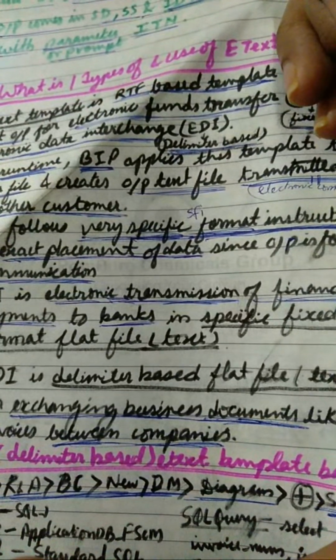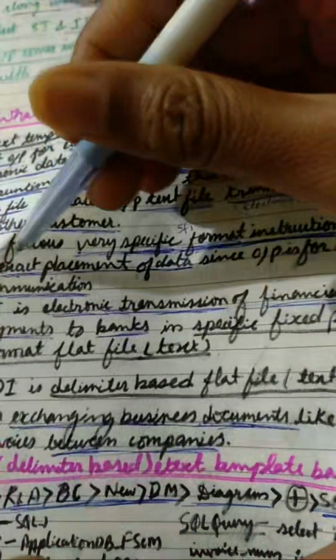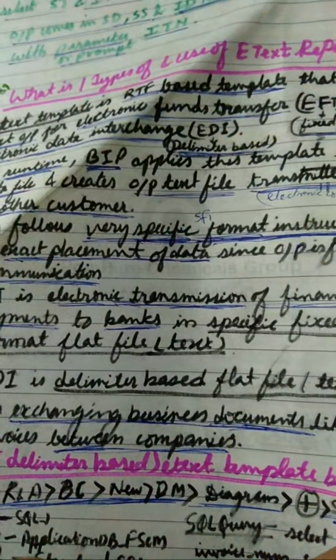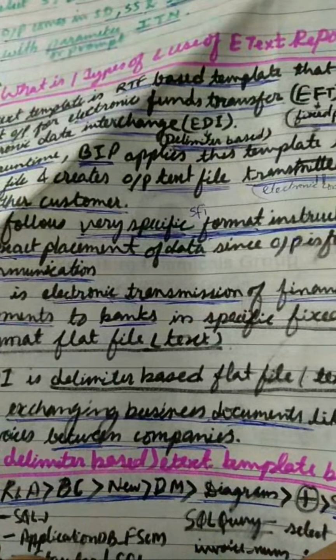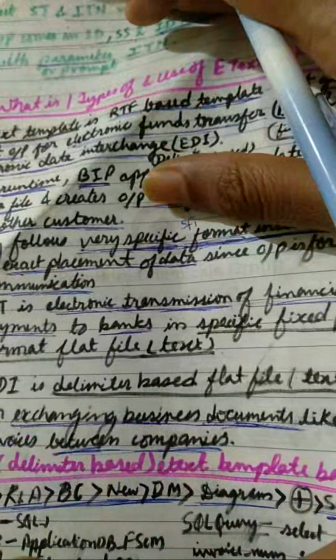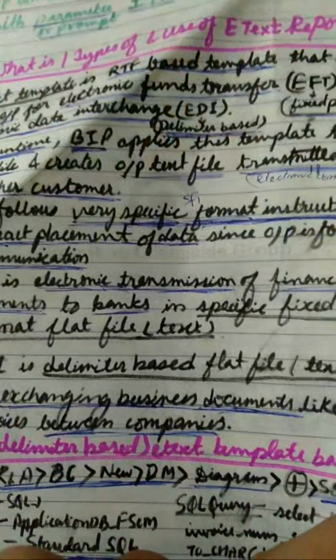For that electronic interchange of data, you can be generating just a report to mail it to the customers, or to generate at a particular location to be picked up by a third party.